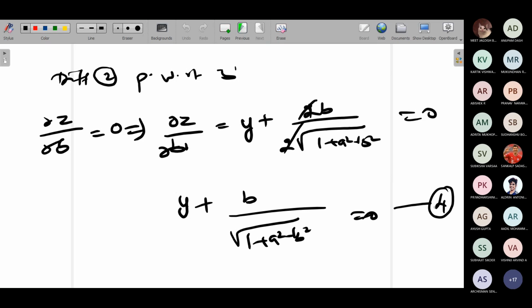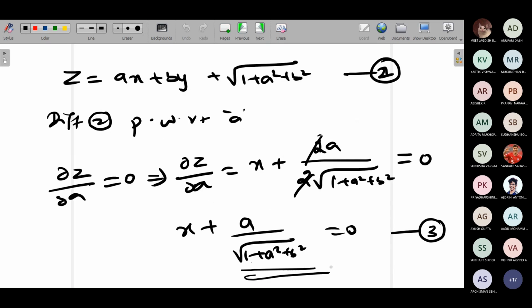To find the value of a square, I will square equation number 3. I can write this as x is equal to minus a divided by root of 1 plus a square plus b square.